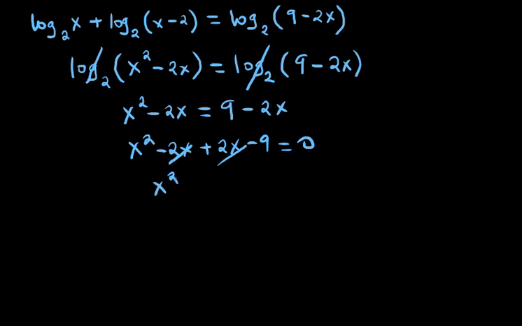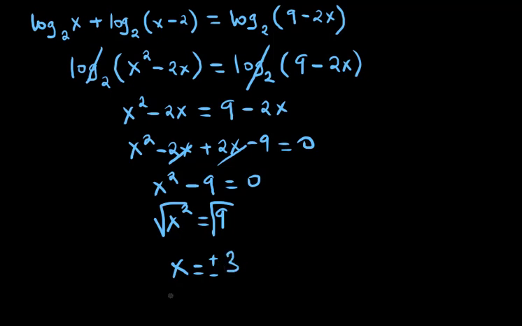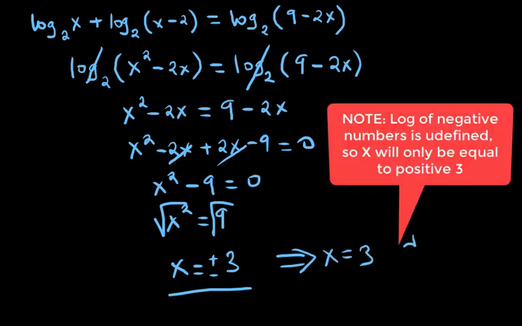So it will give us x squared minus 9 is equal to 0, which is x squared is equal to 9. And then when we find the square root of that, it's going to give us two values, which is x, positive and negative 3. So our x is equal to 3 and x is equal to negative 3.